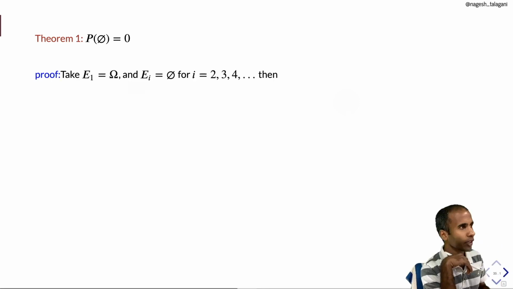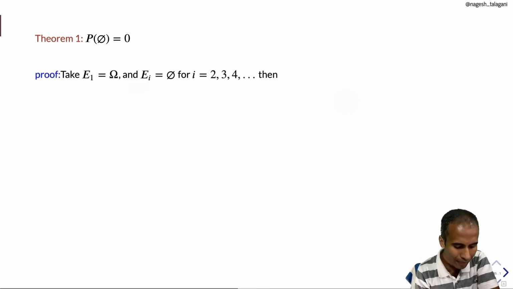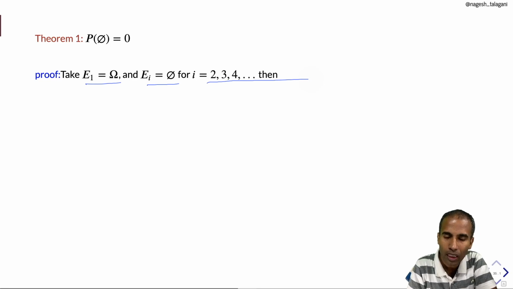Okay, let's prove it. Proof: take E1 to be the sure event omega, the whole sample space, and Ei equal to the impossible event, the empty event, for i = 2, 3, 4, and so on. That means E2, E3, E4, and so on are all the empty event phi, and E1 is omega.